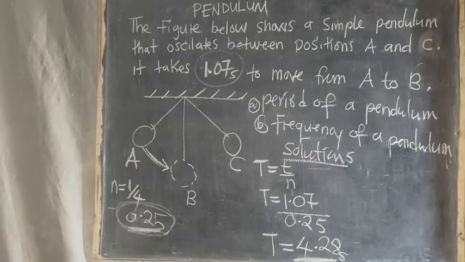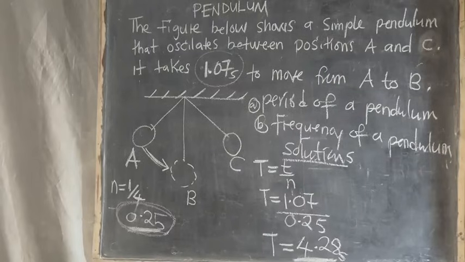Okay, I can see Elizabeth, we found the same answer. Elizabeth has also found 4.28. So the answer is just the same. So this is how you need to answer them. You just need to understand the question. You understand what you are told and what you are given.